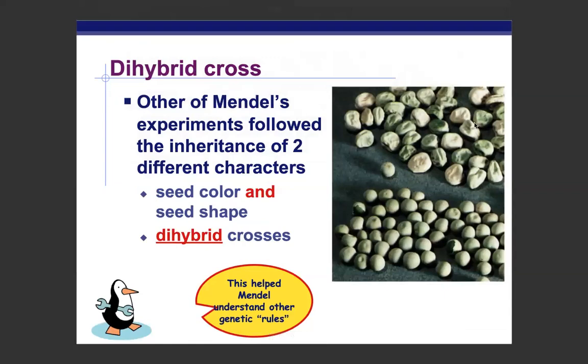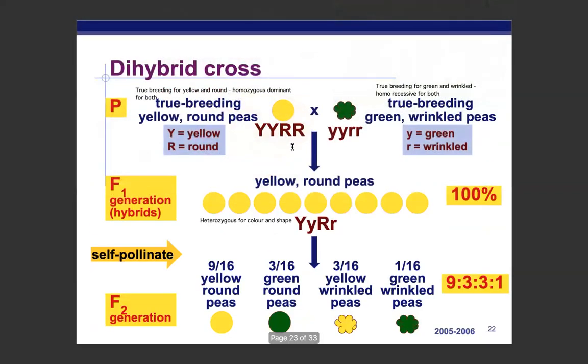If we just look at dihybrid crosses, some of Mendel's experiments follow the inheritance of two different characteristics, for example, seed color and seed shape, and these are dihybrid crosses. What that's saying is that he chose plants with two characteristics.